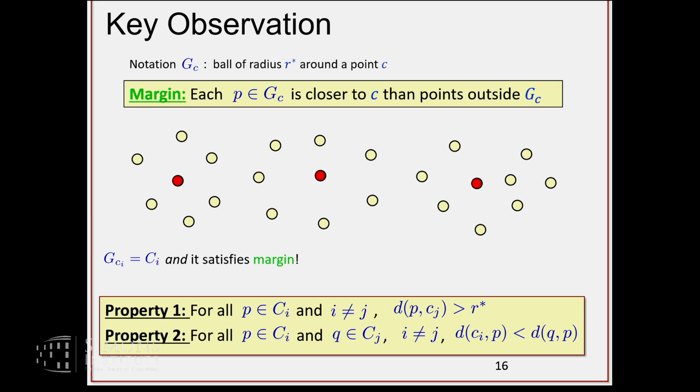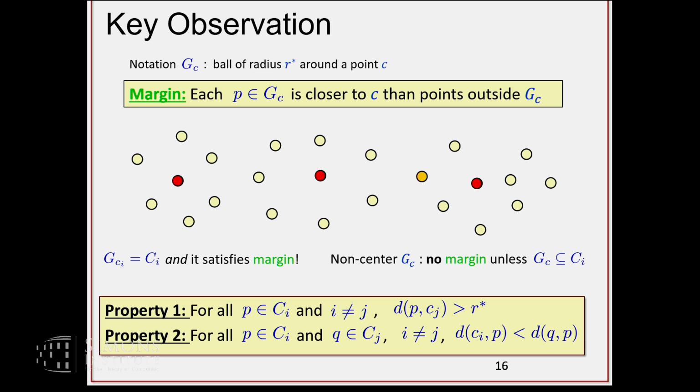Now let's look at what happens for a non-center. Let's take the ball of radius r star around a non-center. This probably doesn't satisfy the nice margin property, because if it contains a point from another cluster, then that point will be closer to its center, and the other center has to be outside of this ball from the first property. So we can use these two properties together to show it doesn't satisfy margin.